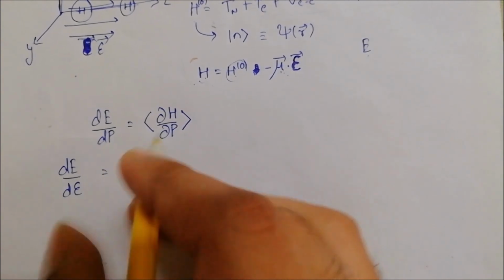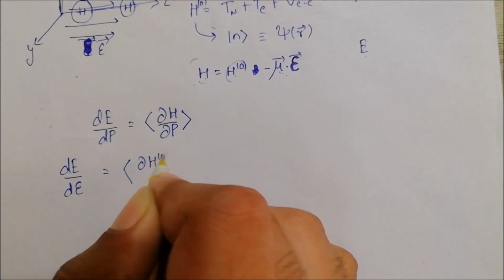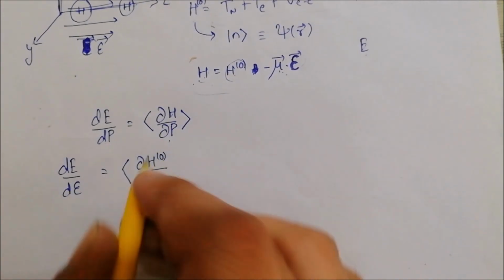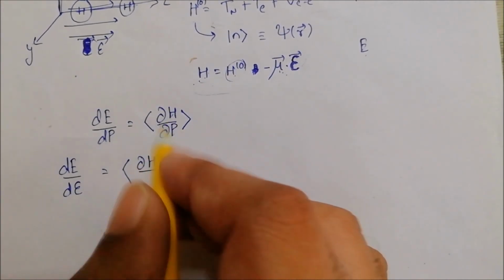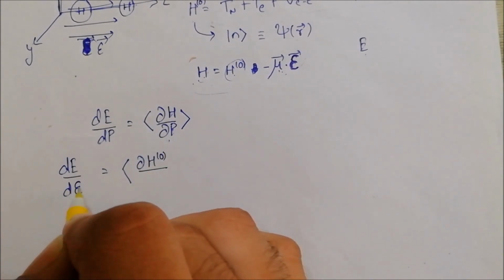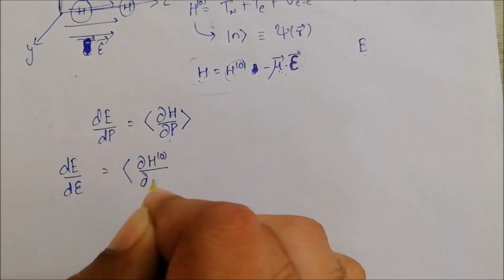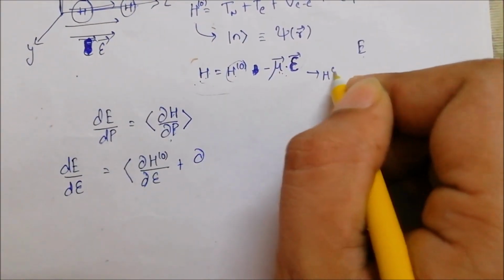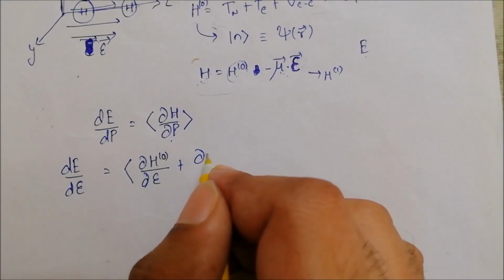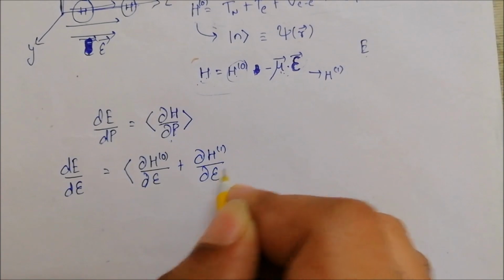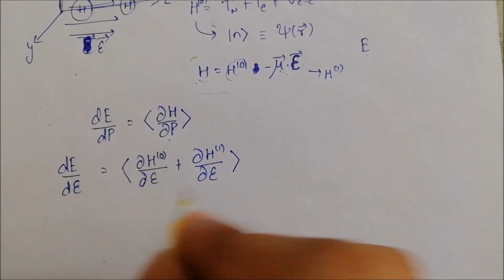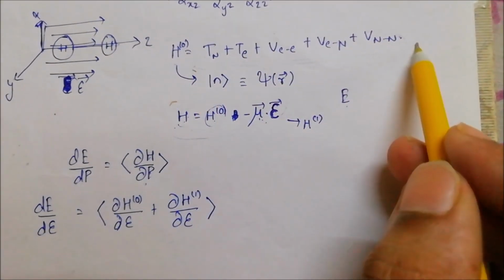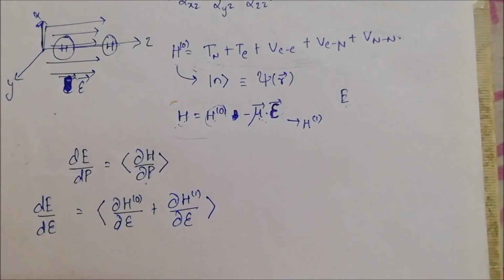So this will be our expectation value of, so we substitute this expression for H, and for the parameter this will be replaced by the static electric field. So this plus del, let's say if this is H1, the perturbation, so this will be del H1 by del E. Now, as you see, our initial Hamiltonian H0 doesn't have any dependence on the external electric field.